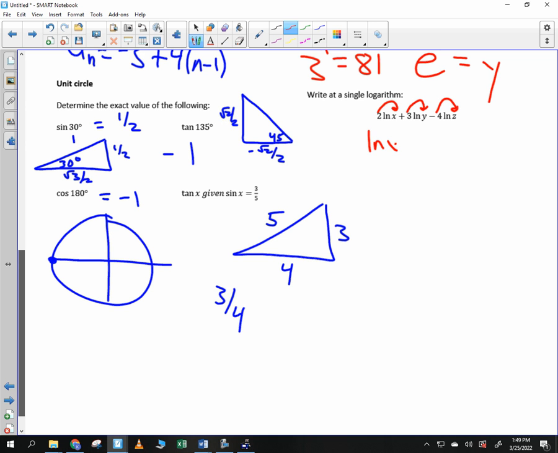Natural log of x squared plus natural log of y cubed minus natural log of z to the fourth. Natural log of x squared times y cubed divided by z to the fourth. Remember, if they're positive they're on top, if they're negative they're on the bottom.